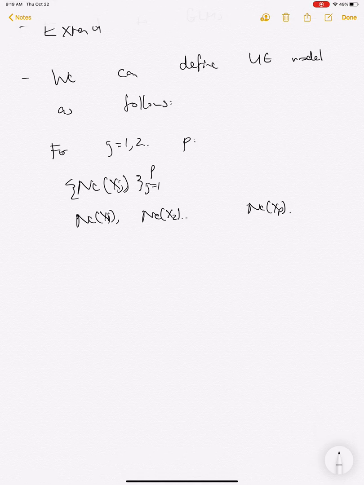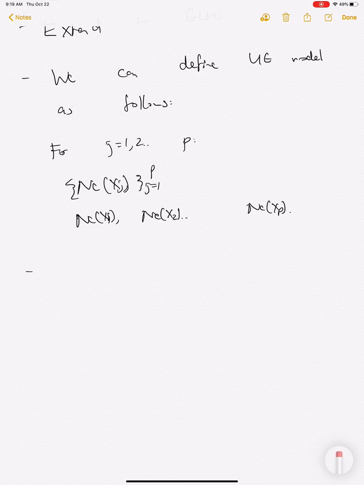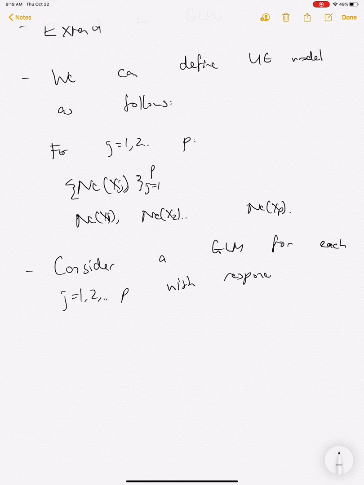And then we can consider a GLM for each j with response xj.